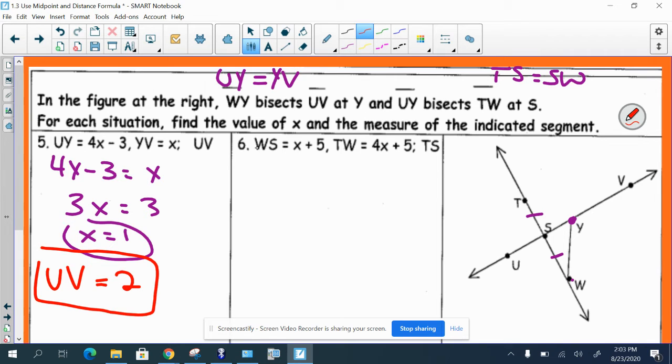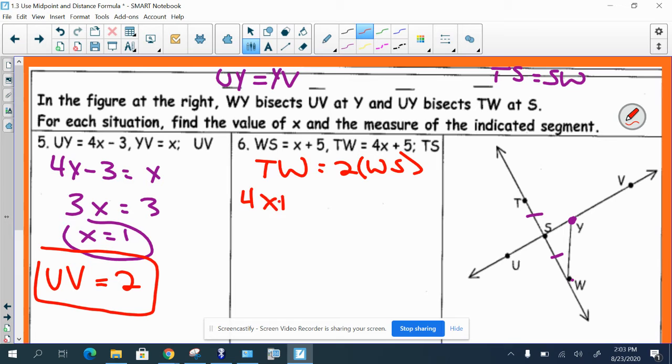Okay, number 6, WS, which is the same thing as SW, and they also give us TW, which is the entire thing, 4x plus 5. So one thing you can do here is say that TW equals 2 times WS, and then substitute in the expressions.